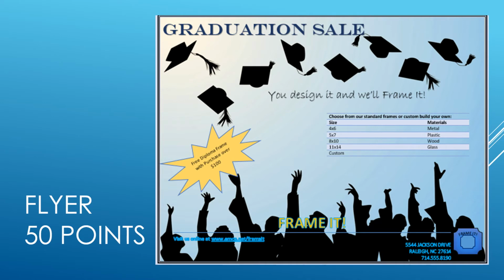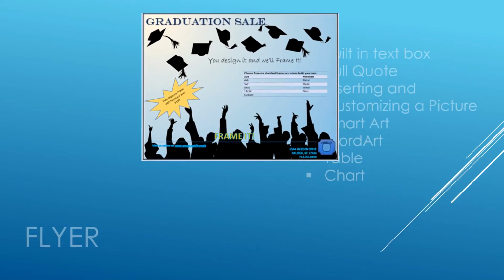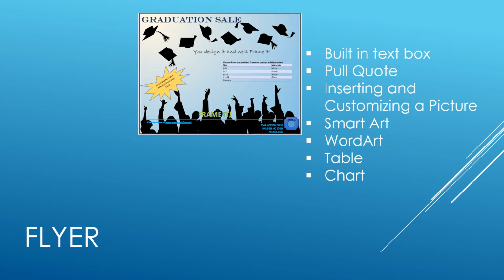Assessment 4 has you design a flyer for your company. In addition to the logo and slogan, use at least 5 of the following Word skills that you learned this semester: a built-in text box, a pull quote, inserting and customizing a picture, smart art, word art, a table or chart.